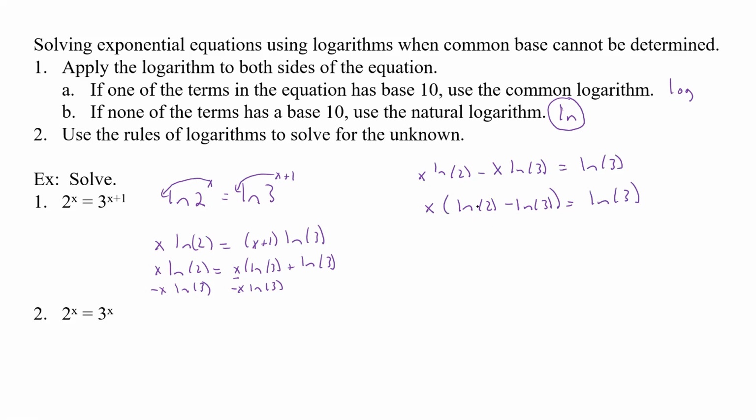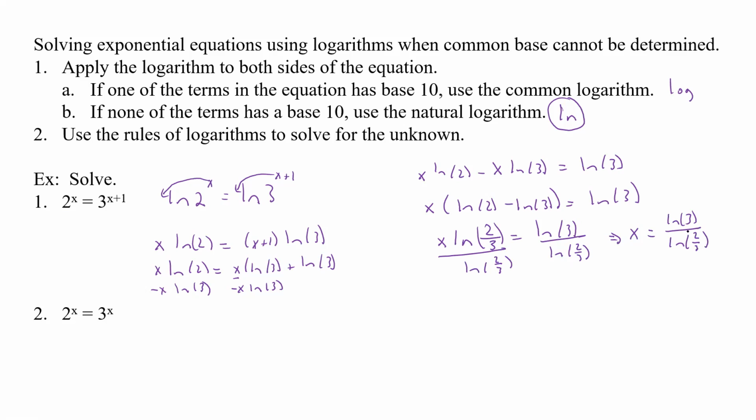Now here I've got a subtraction, and so I can rewrite that as ln of 2 over 3 is equal to ln of 3. Now I can divide both sides by ln of 2 over 3. And so that gives me x equals the ln of 3 over the ln of 2/3.